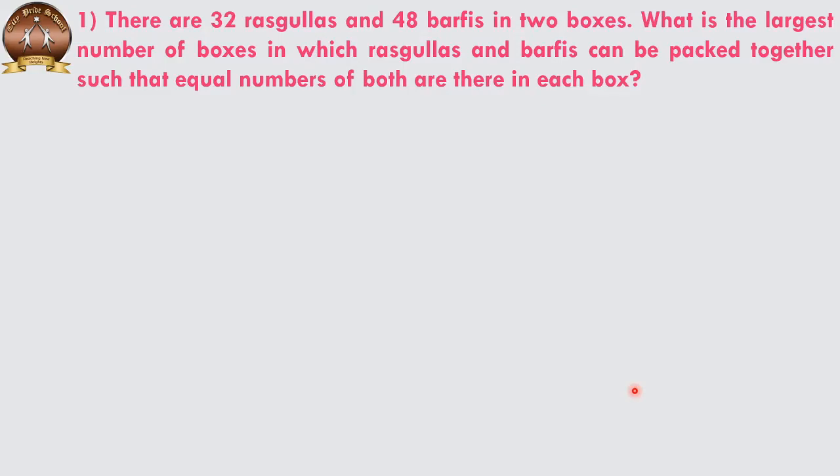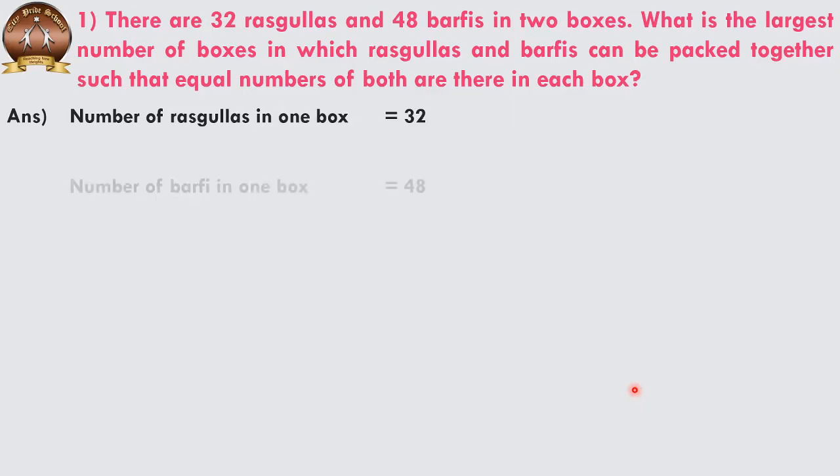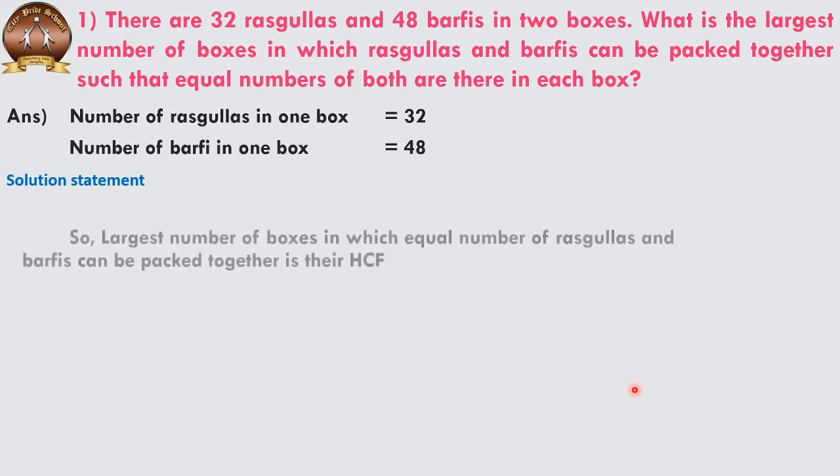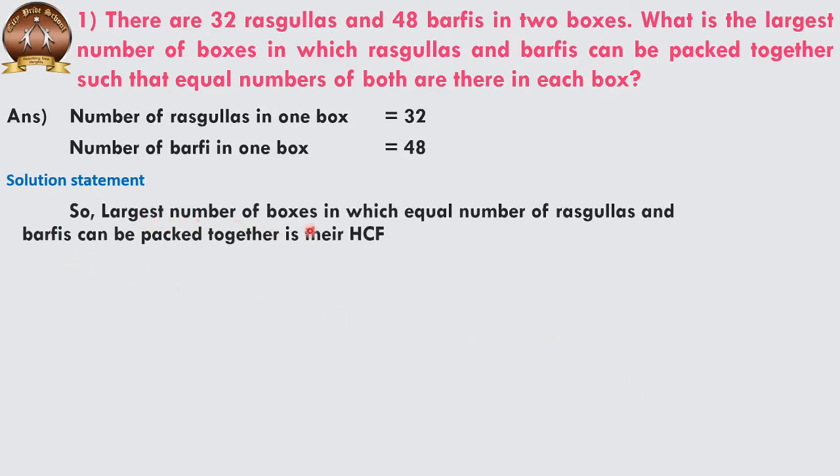Okay, so now we are first going to write the statements which we gather from the question itself. Number of rasgullas, 32. Number of burfis, 48. Now we are going to make a solution statement. What do we have to find? The largest number of boxes in which equal number of rasgullas and burfis can be packed together is their HCF.